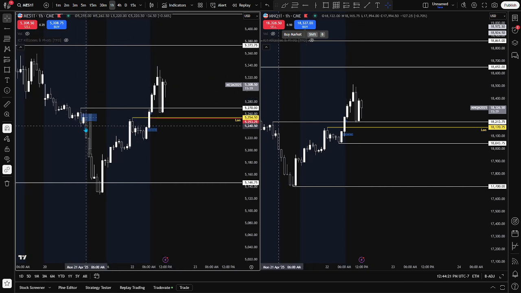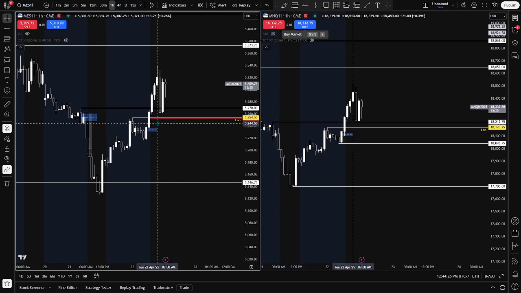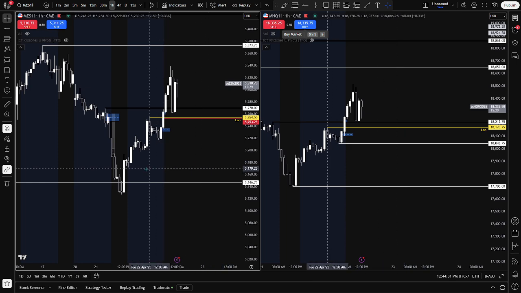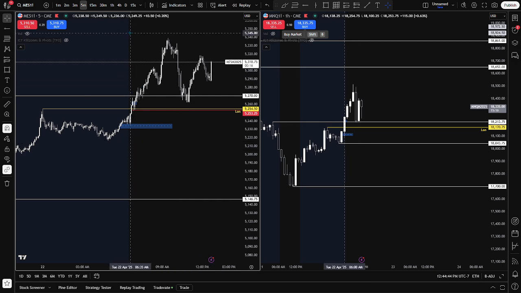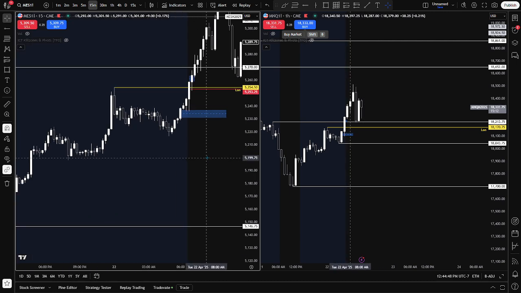I saw this hourly fair value gap and thought we were going to respect it and come down and sweep some more lows, but we already swept this low, so I don't know why we'd come down and sweep another low. I think it's because I woke up like 5 minutes before market open, so I didn't really get to analyze the market structure that well, so that's something I need to do better on.